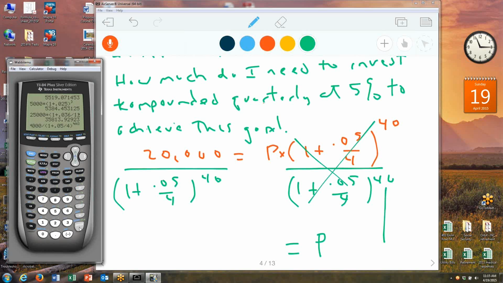Hit equals, and you know it's going to be a number less than that. It's $12,168.27. So that's what I would need to put in now, where if I compound it quarterly at 5% in 10 years, I'm going to have my $20,000 goal.